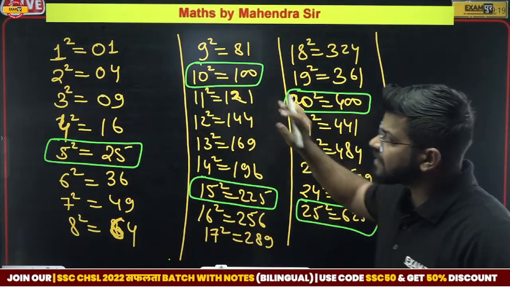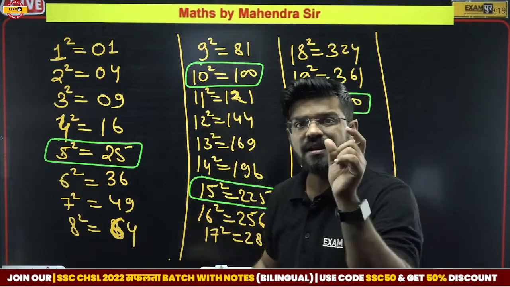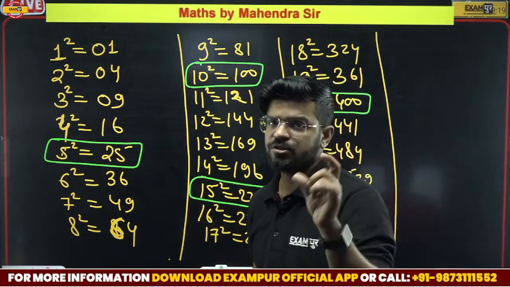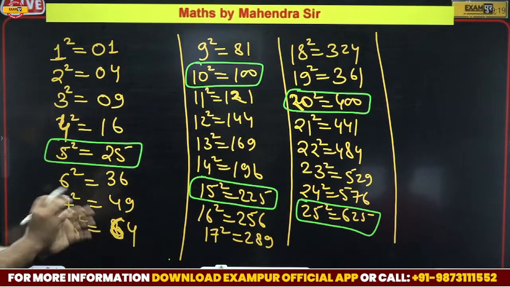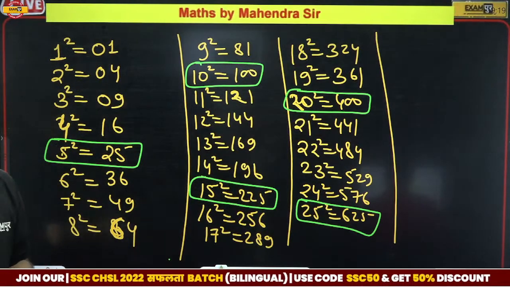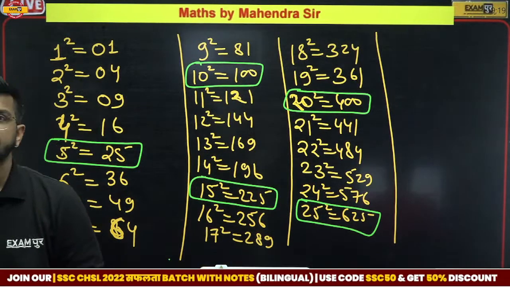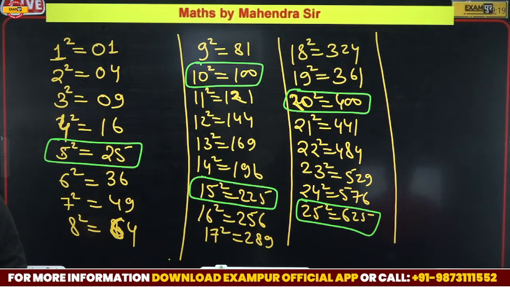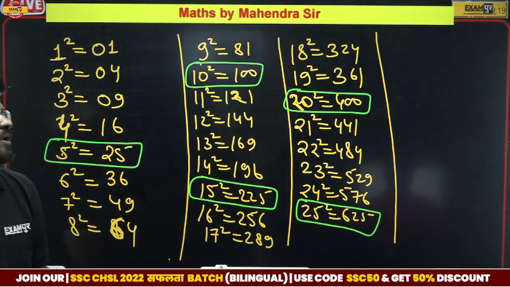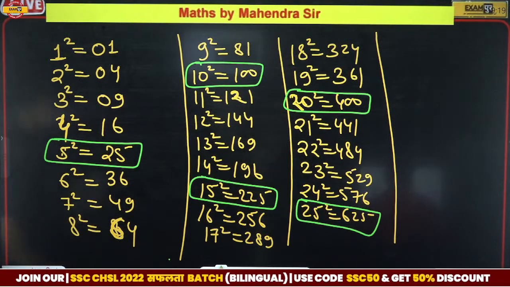Now check the last 2 digits of other numbers only, and tell me which numbers have the same last 2 digits.